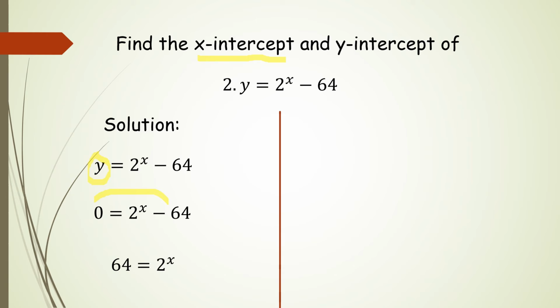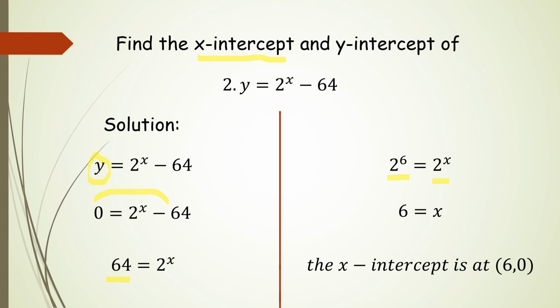And we know that we can make 64 into 2 raised to 6 so that their bases are equal. Since the bases are equal, we can equate the exponents. And that is 6 is equal to x. Therefore, the x-intercept is at 6, 0.